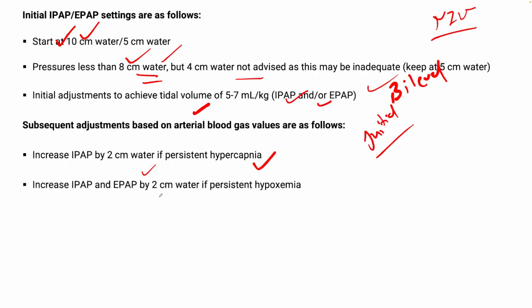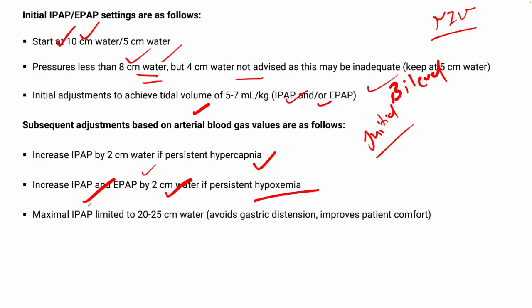Then you can also increase EPAP and IPAP by 2 centimeter in the condition of hypoxemia. Maximal IPAP is limited to 20 to 25 centimeter water, but avoid increasing in conditions like gastric distension or if the patient is feeling discomfort. Maximal EPAP is limited to 10 to 15 centimeter water. Remember this very well.